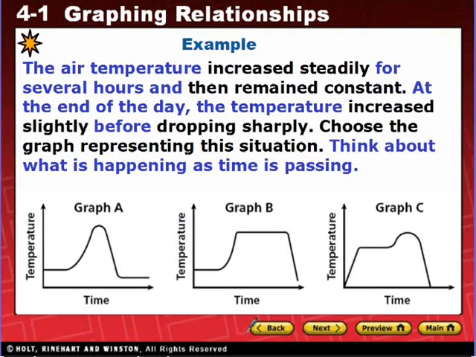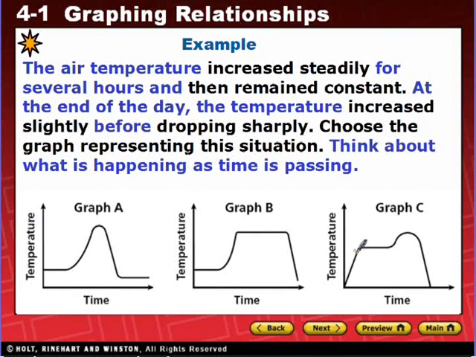Have it picked? Okay, don't change your mind now. So let's talk through it. We're looking for one that increases steadily at the beginning. Well, graph A stays the same for a while and then increases. Graph B stays the same for a while and then increases. Graph C is the only one that increases steadily at the beginning.